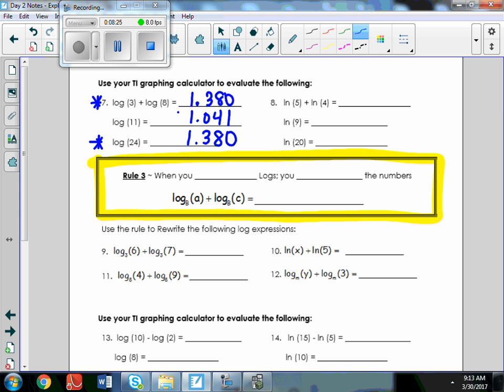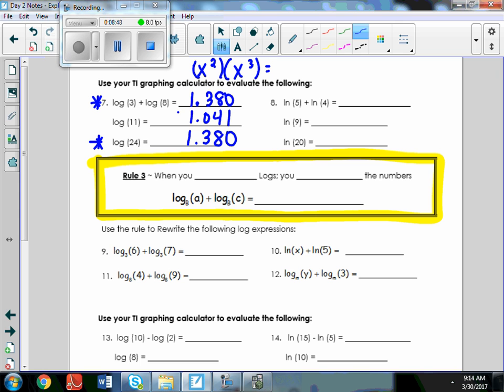They're the same. Okay? I want you to think about the exponent rule that this is like, because logs are inverses. So it's kind of like if I had to multiply x squared times x to the third, what would I get?